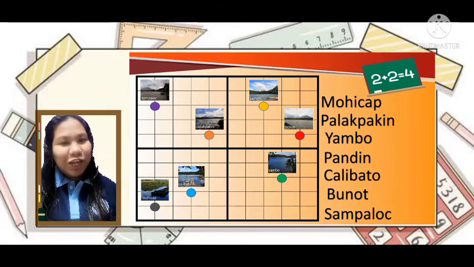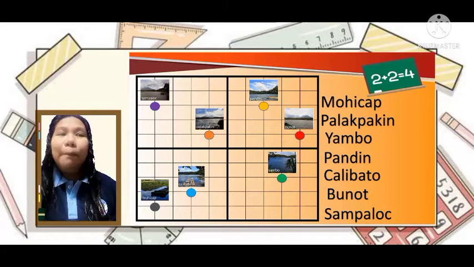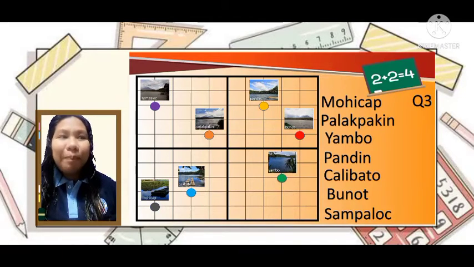Now, let's check your answers. First, we have Mohicap Lake. That is in quadrant 3. Next one is Palakpakin Lake. That is in quadrant 2. Next one is Yambo Lake, and that is in quadrant 4.